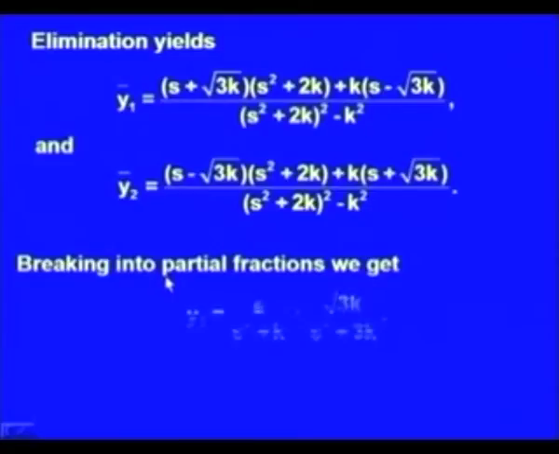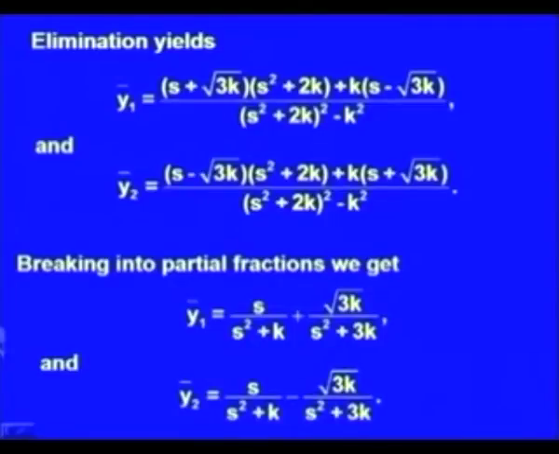After breaking into partial fractions, we get ȳ1 equal to s over (s² + k) plus root 3 k over (s² + 3k), and ȳ2 becomes s over (s² + k) minus root 3 k over (s² + 3k).